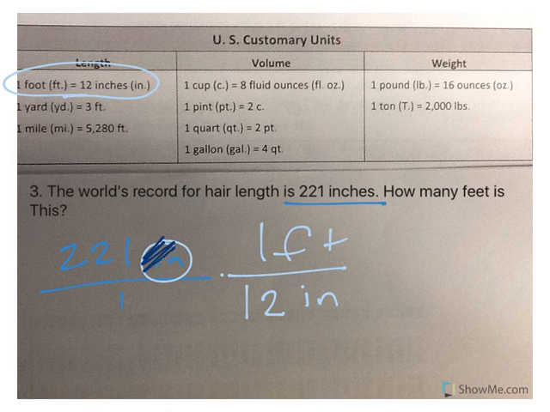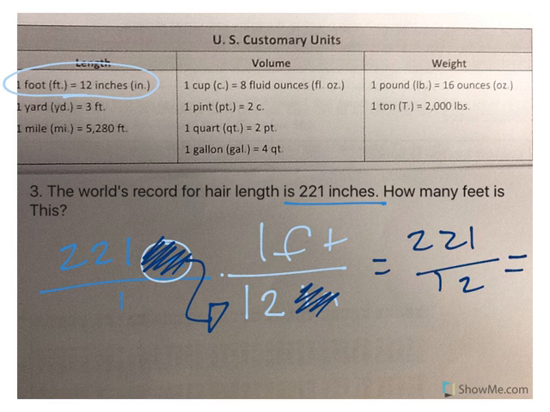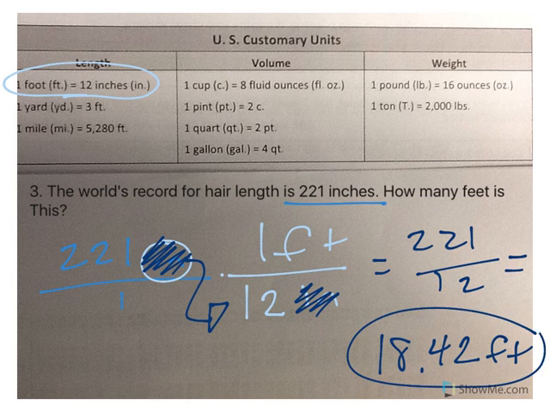So that ratio makes my label of inches go away, so I'm left with feet as labels. 12 is in the denominator, so I divide 221 by 12, and I'm going to go ahead and round, 18.42 feet. Can you imagine having hair that is 18.42 feet long? I can barely handle hair that is like 3 inches long. This is crazy to me.